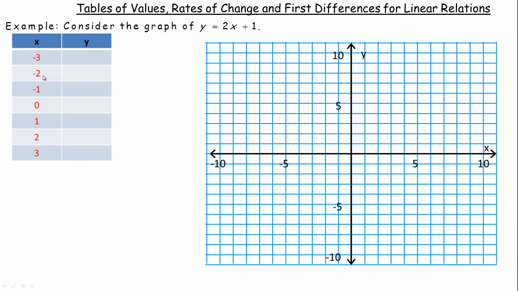So we're going to make a table of values first here, and I'm going to talk about the x values first. I chose the numbers -3 to +3. You can really use almost anything you want here, but we generally see what's called sort of the more interesting part of the graph if you select a few numbers that are negative, a few numbers that are positive, and somewhere close to 0.